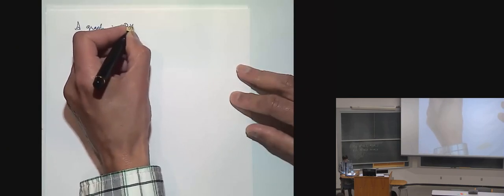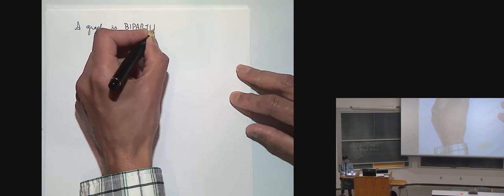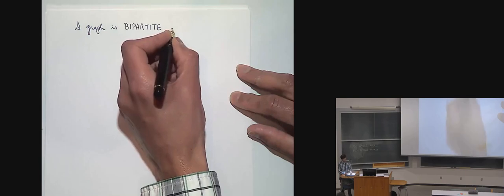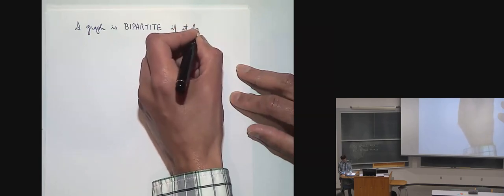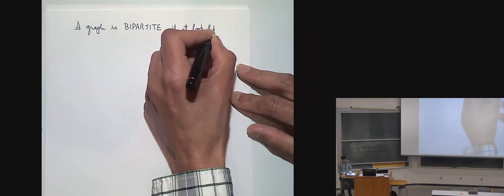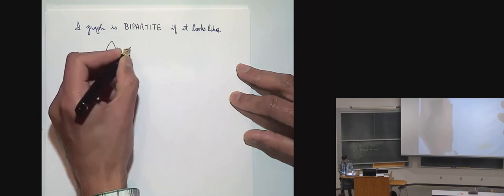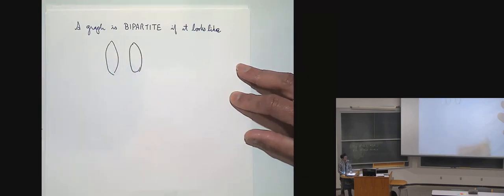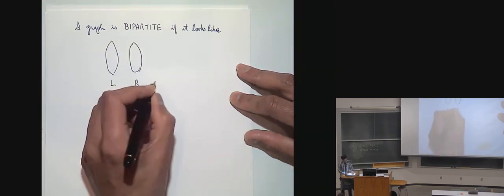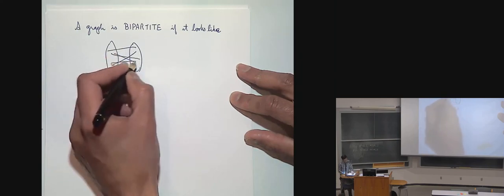A graph is called bipartite if it looks like this. That is, all vertices can be partitioned into two parts and all the edges only go across.